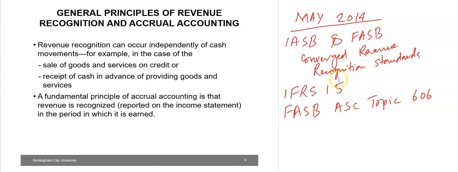So the discussions here are deriving mostly from the core textbook, and we will stick to that, but I'll also introduce the new changes after the convergence from May 2014 standards.